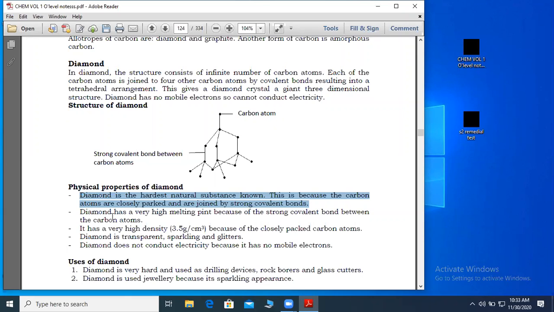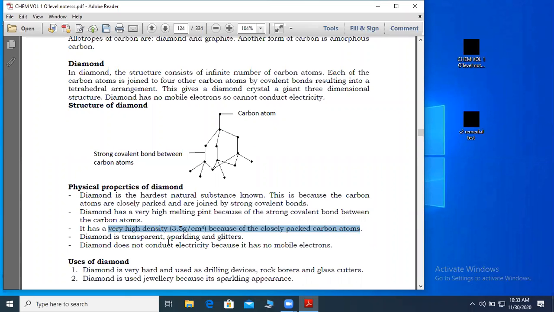Each carbon atom is joined to 4 other carbon atoms by strong covalent bonds, because each carbon atom donates an electron into the formation of the bond. It has a very high density of 3.5 grams per centimeter cube, and the reason is also there because the carbon atoms are closely packed.